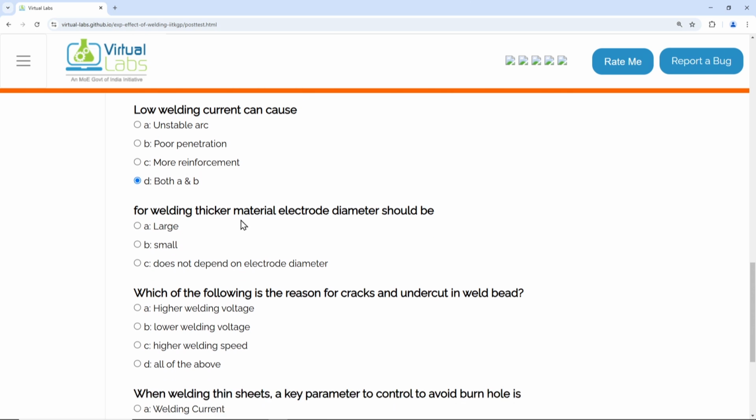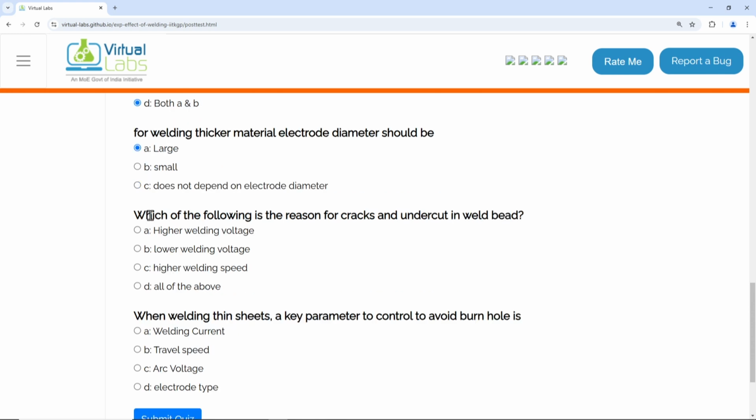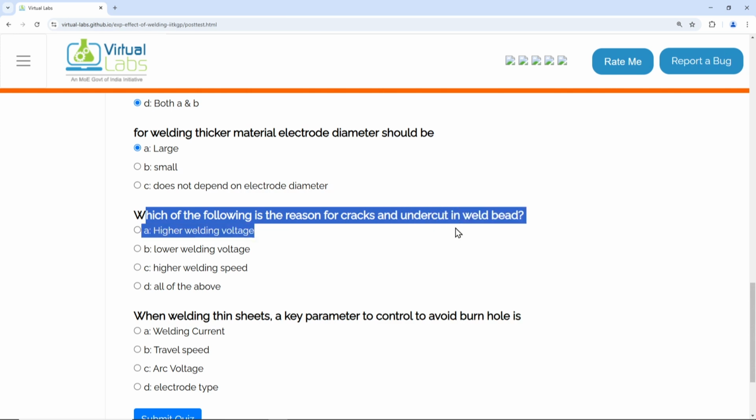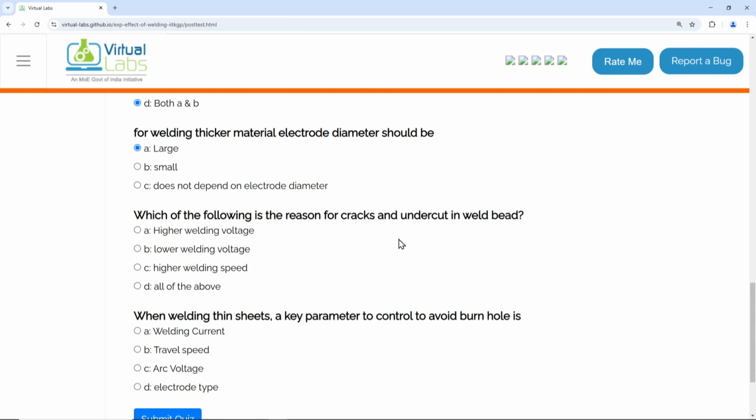For welding thicker material, because the material is thicker, obviously the electrode diameter would be larger. Which of the following is the reason for cracks and undercut in weld bead? Higher welding voltage.